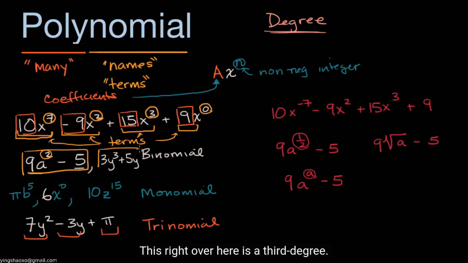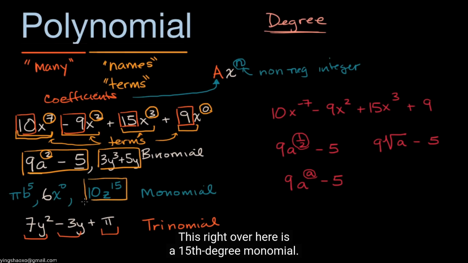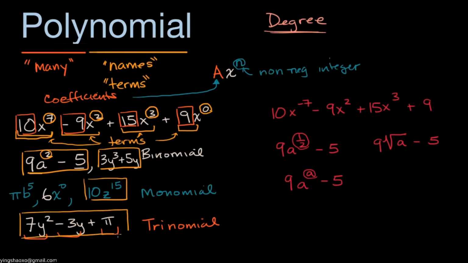This right over here is a 3rd degree. You could even say 3rd degree binomial because its highest degree term has degree 3. If this said 5y to the 7th instead of 5y, well, then it would be a 7th degree binomial. This right over here is a 15th degree monomial. This is a 2nd degree trinomial.